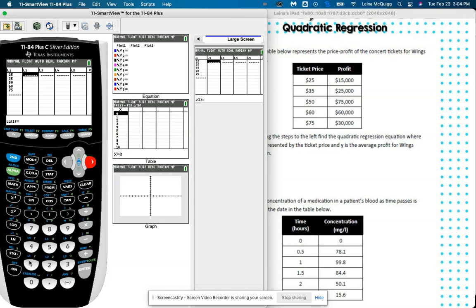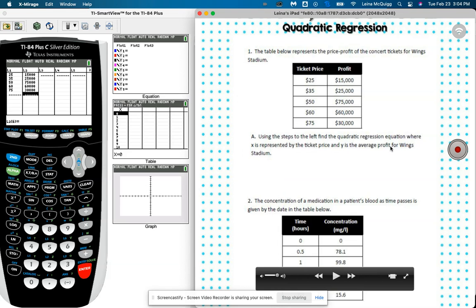And then on the next one, I'm going to put 15,000, 25,000, 75,000, 60,000, and 30,000. One more. There we go. Okay, so I've got the table into my calculator.